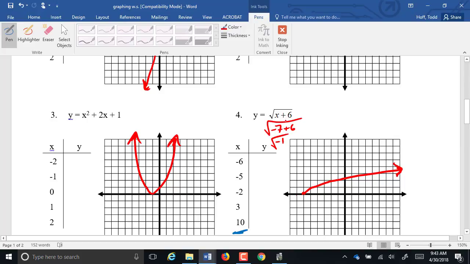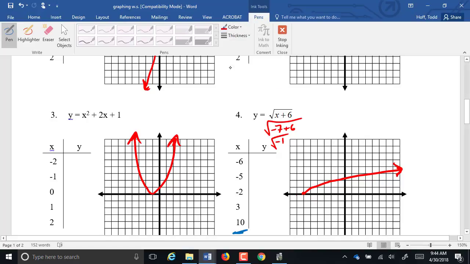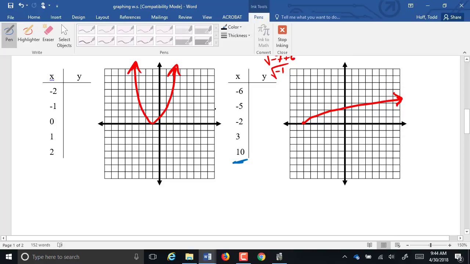So if x is smaller than -6, I'm taking the square root of a negative number. That doesn't work. The technical term, were this a more formal algebra class, like an intermediate algebra class instead of a pre-algebra, would be a limit on the domain. It limits the values of x.